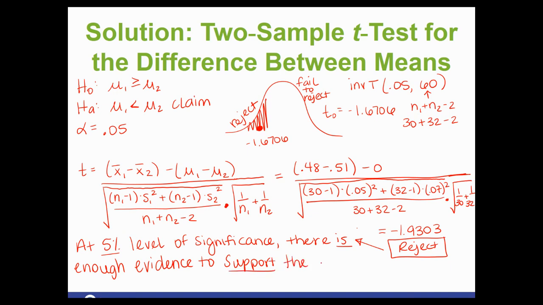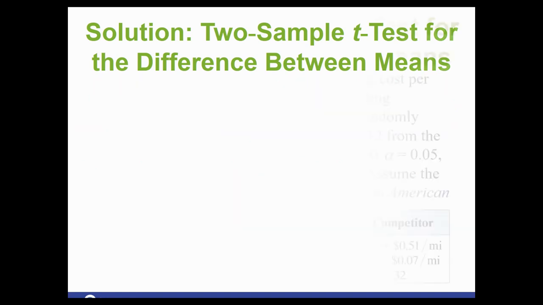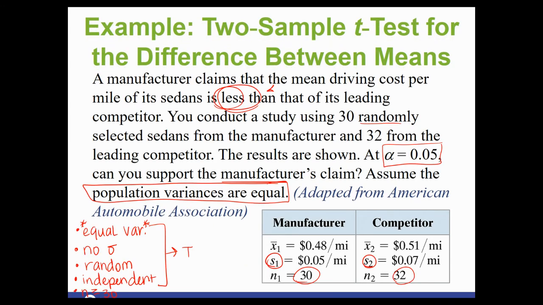Support is coming from the fact that our claim was HA. So support the claim that, and I'm going to hop back to the wording of our problem. Look for, again, where that sentence is that has our inequality statement. So claims that the mean driving cost per mile of its sedans is less than that of its leading competitor. You would copy and paste the rest of that into your sentence.